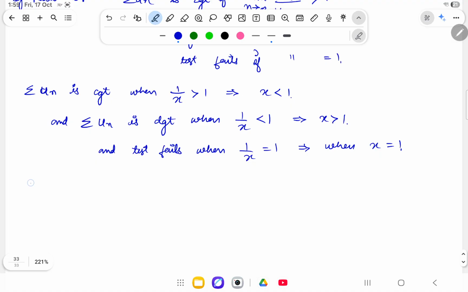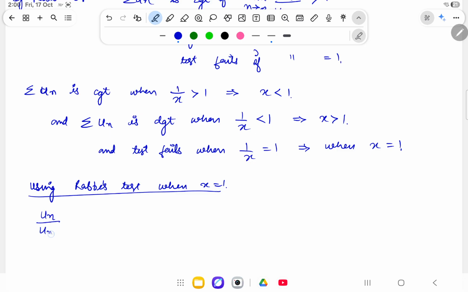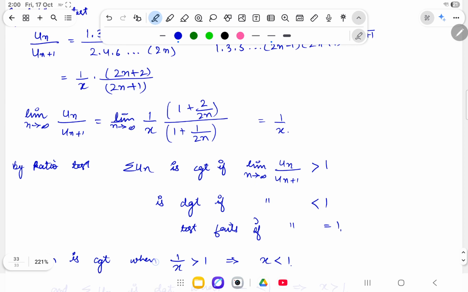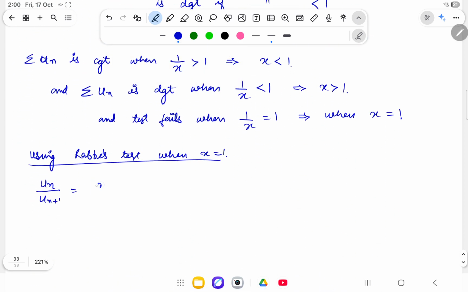So using Raabe's test, in the case when x is equal to 1, my un by un plus 1 will be equal to (2n plus 2) by (2n plus 1).